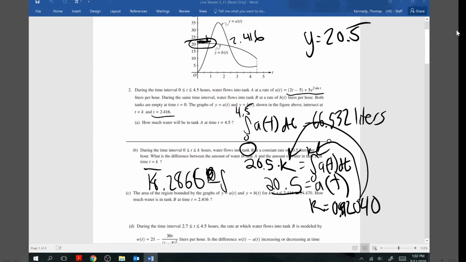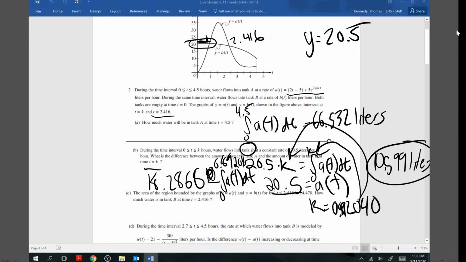If you subtract the integral from 0 to 0.892040 of A of t dt from this 18.268 whatever, you get 10.599, and that's in liters. So that's the difference between the two tanks.